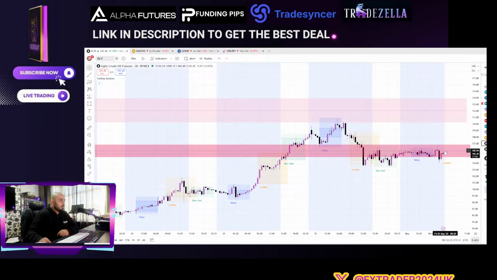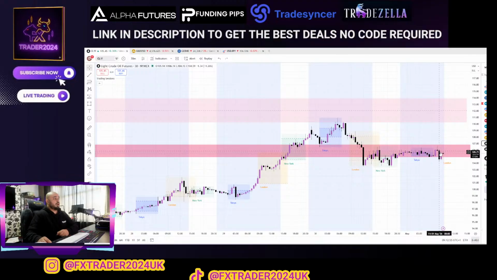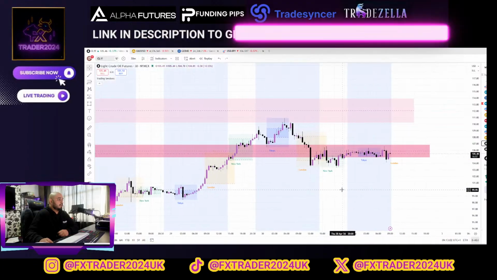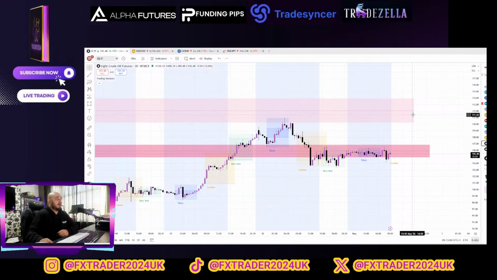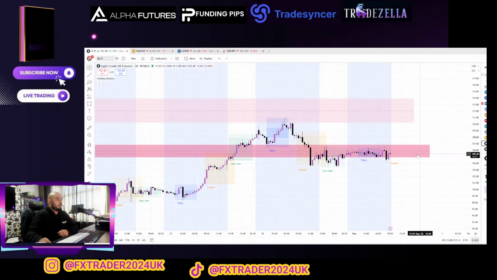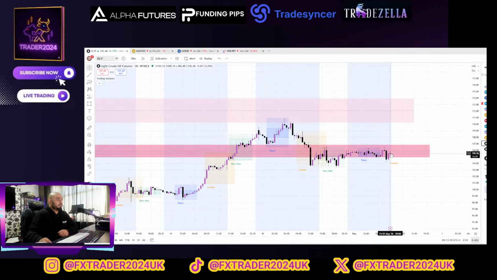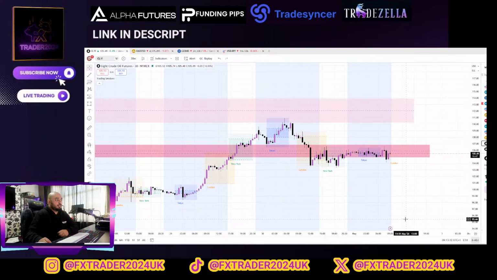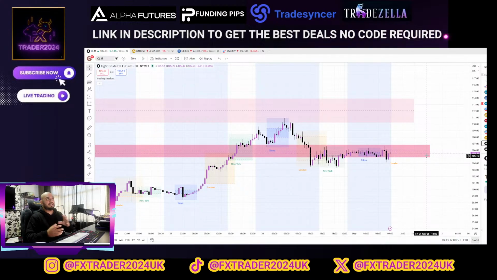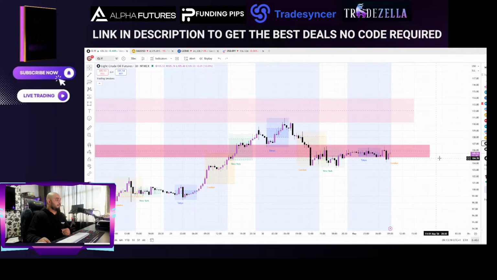So price is just chopping around. What you have to wait for is maybe price goes slightly higher, taps into this area again and pushes down. Or if price continues pushing down, you have to wait for a retracement into a nice fair value gap or order block.